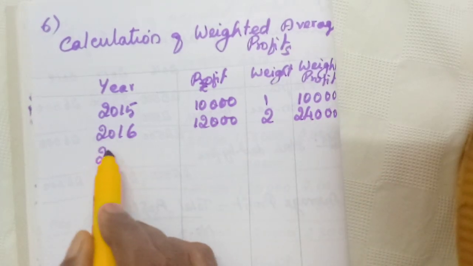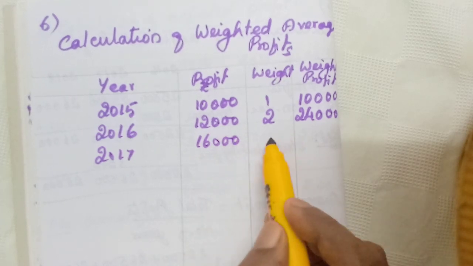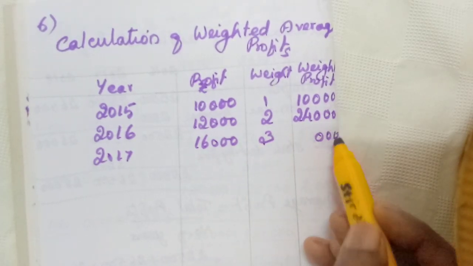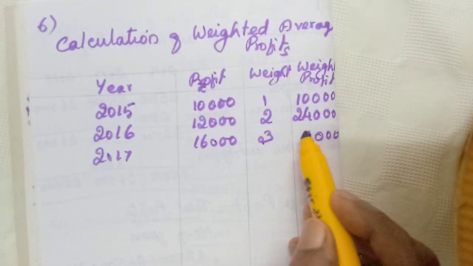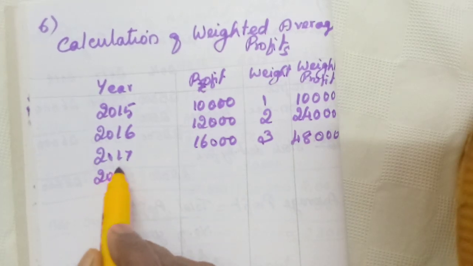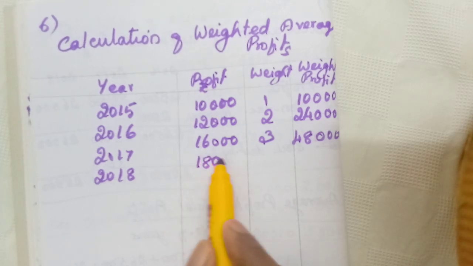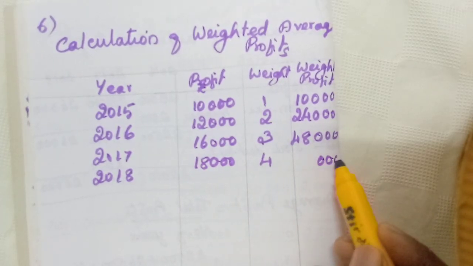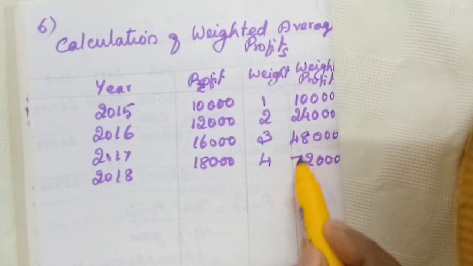Then 2017, 16,000, weight 3. Multiply and write: 3 sixes are 18, balance 1, 48,000. Then 2018, 18,000, in that weight 4. Then multiply and write: 4 eights are 32, balance 3, 72,000.